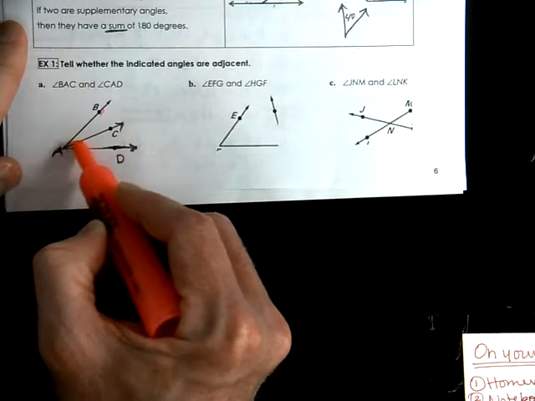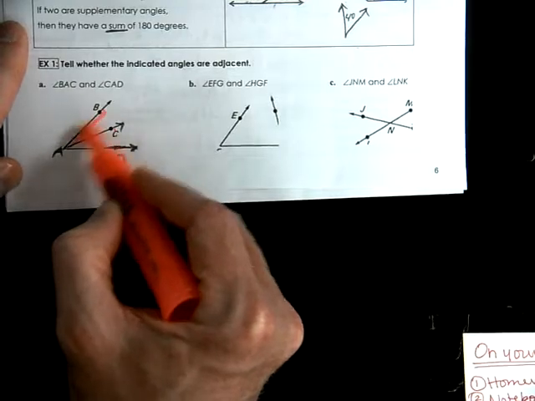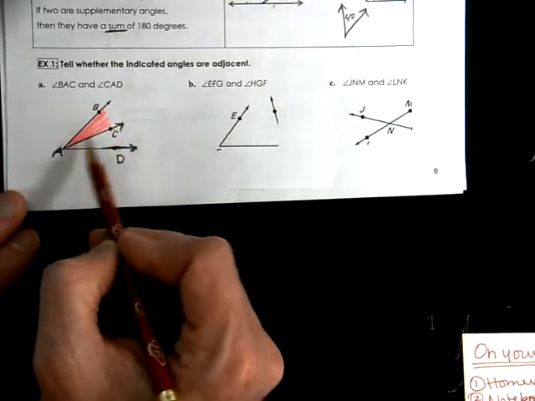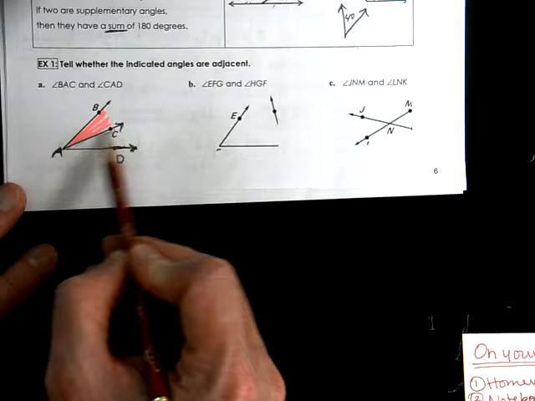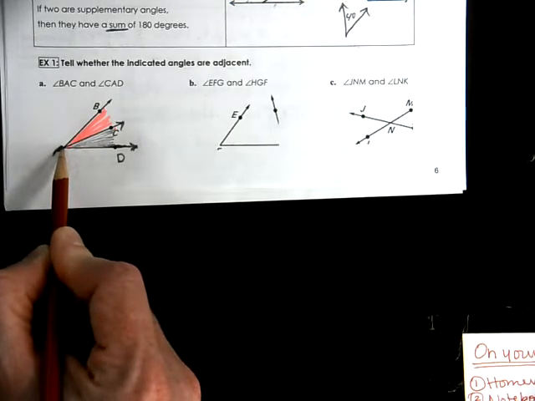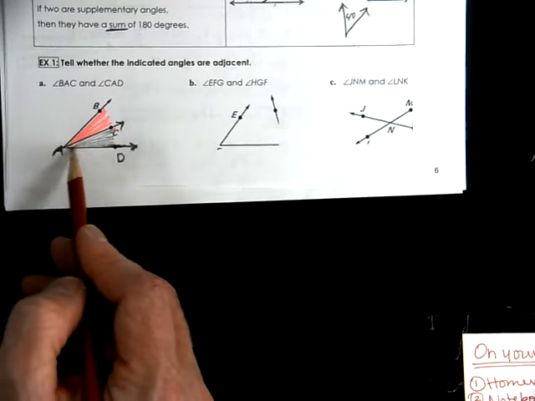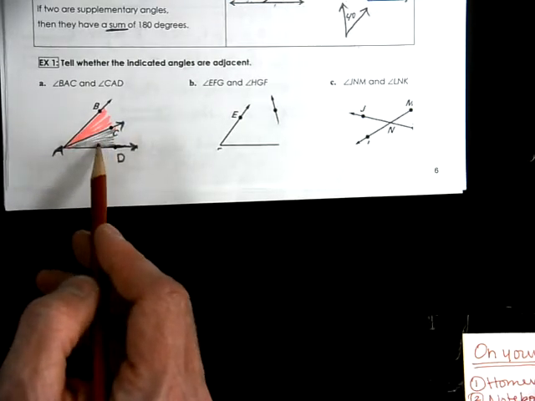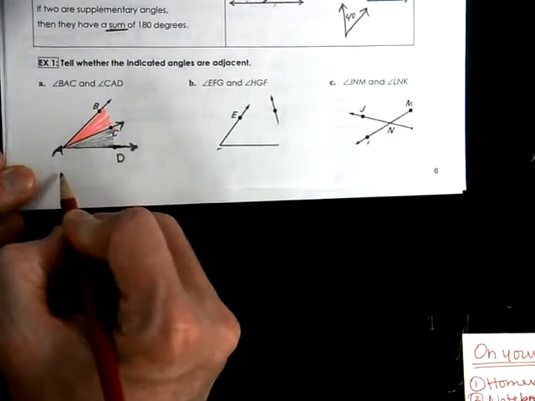From B to A to C. That's referring to this angle right there. Angle BAC. Then we have our other angle, CAD. Are those considered adjacent? Do they have the same vertex? Right there. They both have angle A as a vertex. That's where the vertex would be located. And they both share that common fence line if this was like the property of your backyard. So these are adjacent.